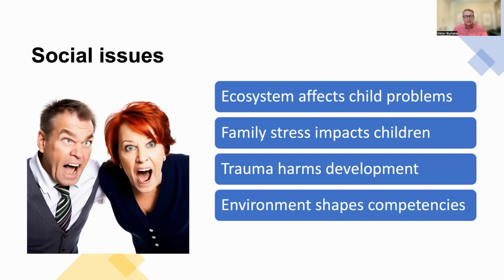Familial theories highlight how family stress and developmental changes in children can lead to maladjustment. For example, isolated families in rural settings often lack resources, which can add a lot of stress to both parents and children. Issues like domestic violence, child abuse, and neglect can profoundly impact a child's emotional and cognitive development.